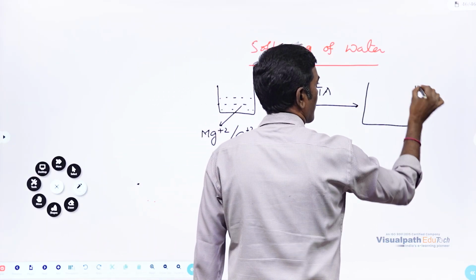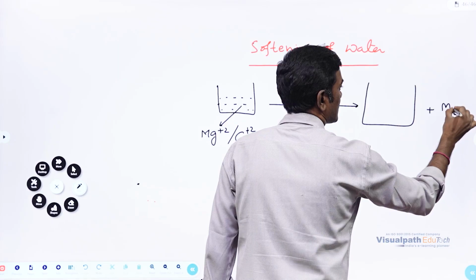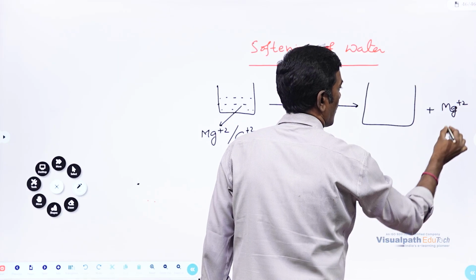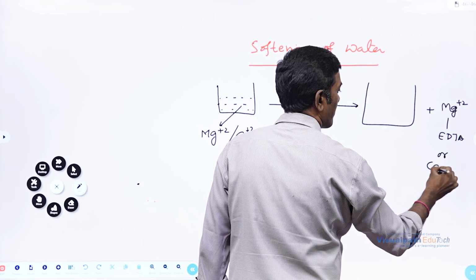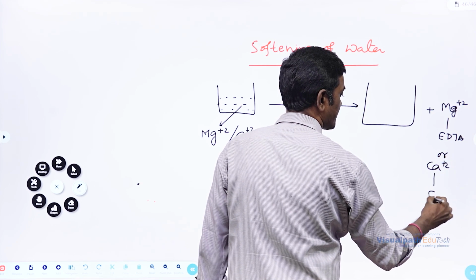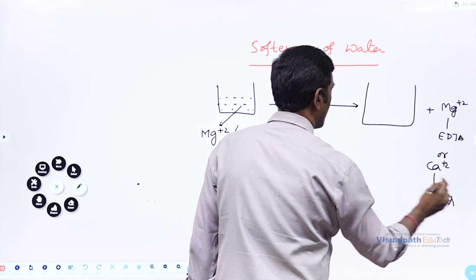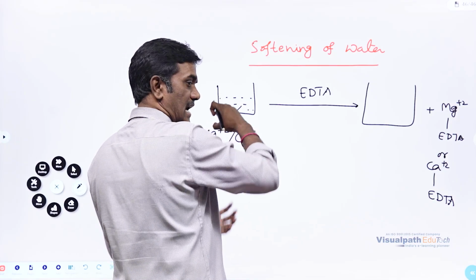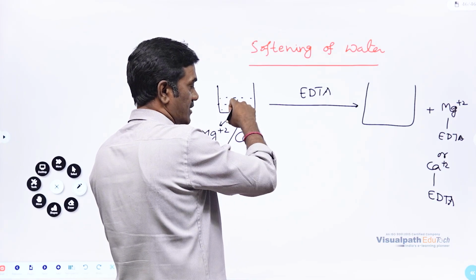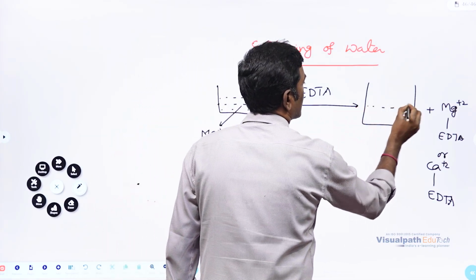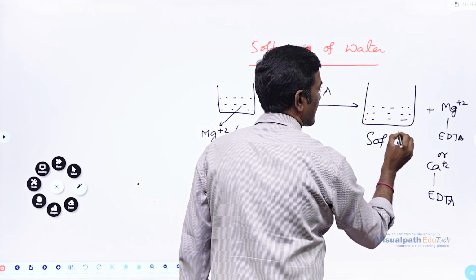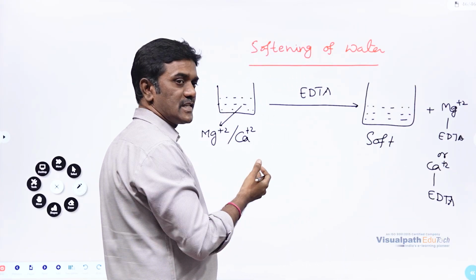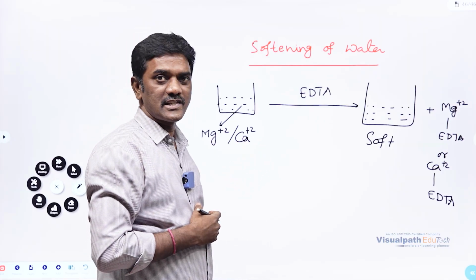form a complex with the magnesium or calcium present in the water. So this EDTA will remove calcium and magnesium present in the water, and this water will become soft. In this way, the softening of water can be understood easily.